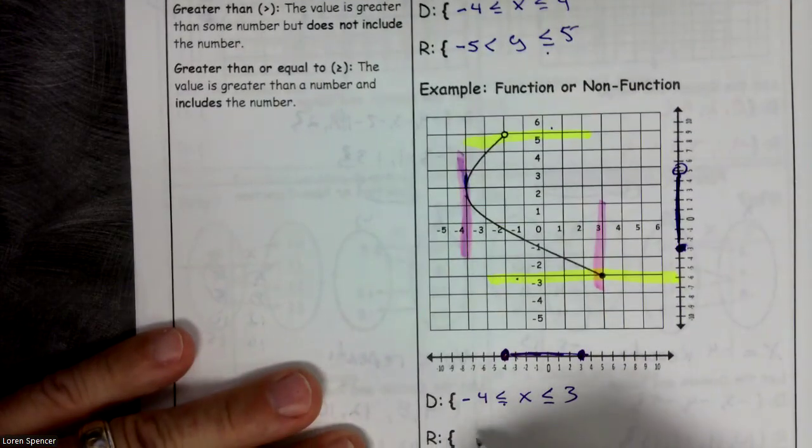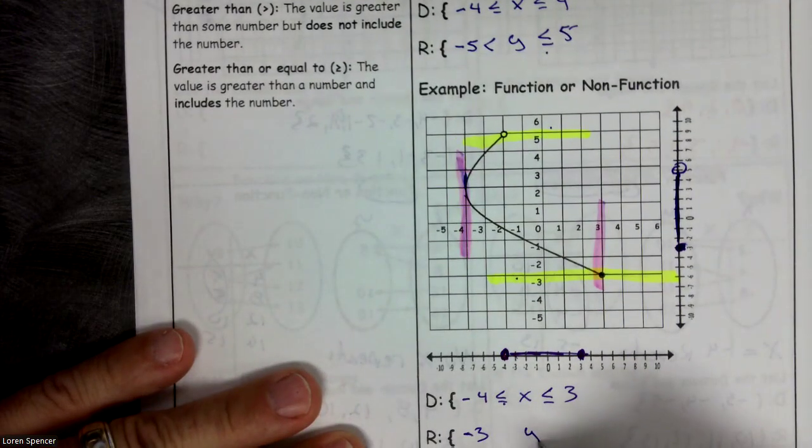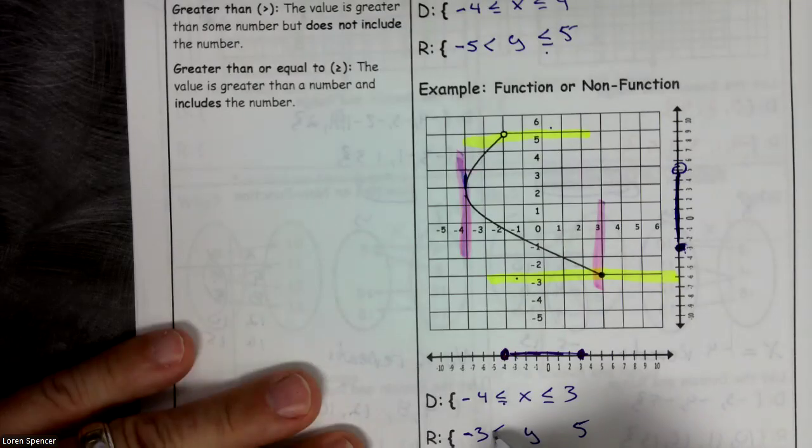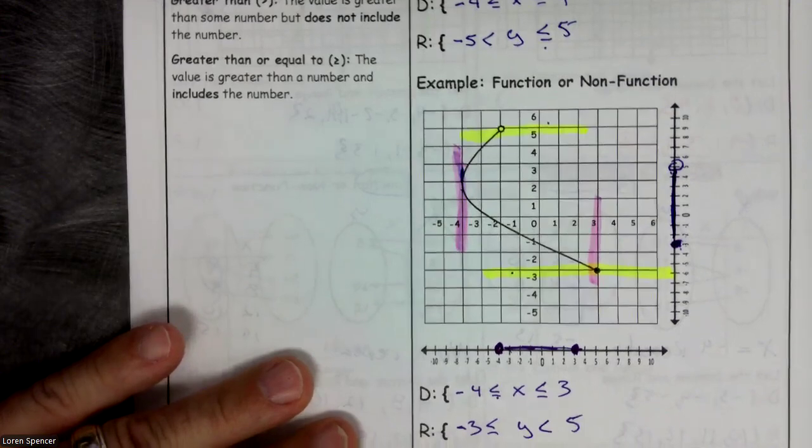So in this case, negative 3, leave a space, and 5. This is a solid, so it gets a less than or equal to. This is a hollow, so it gets a less than.